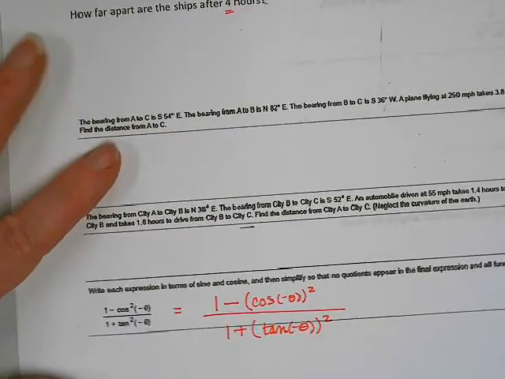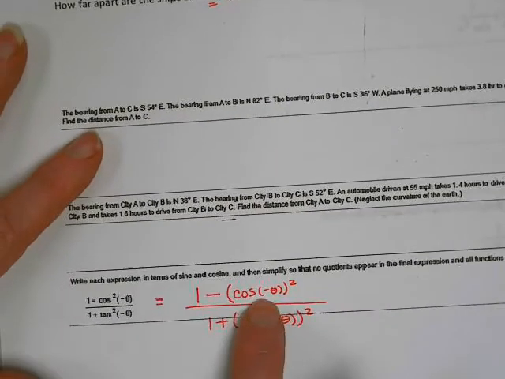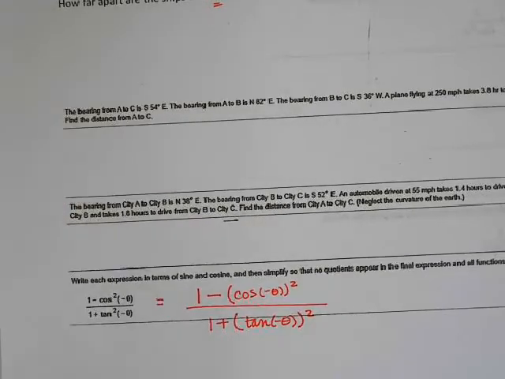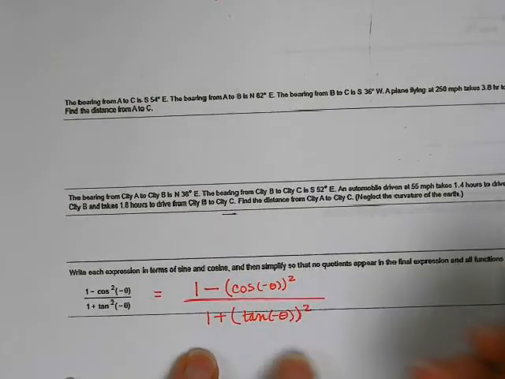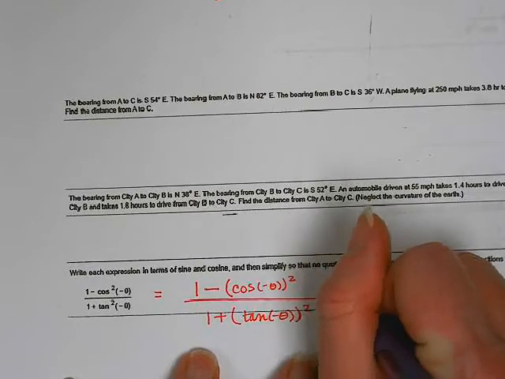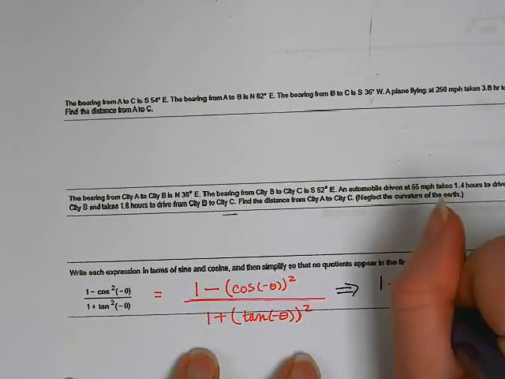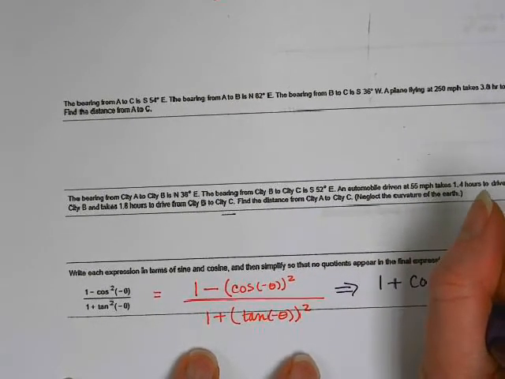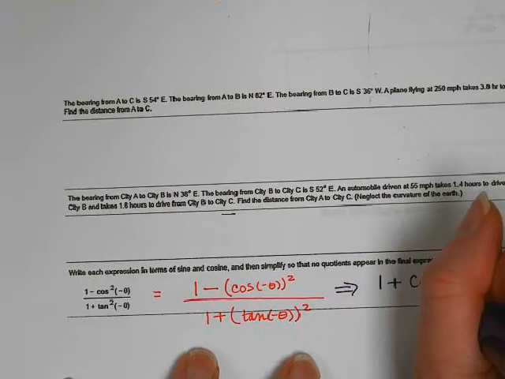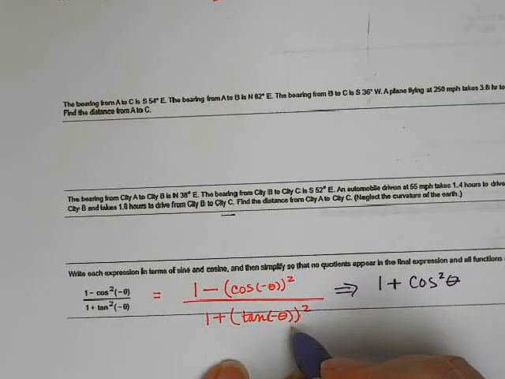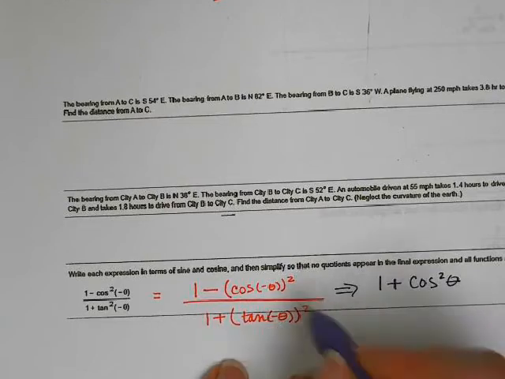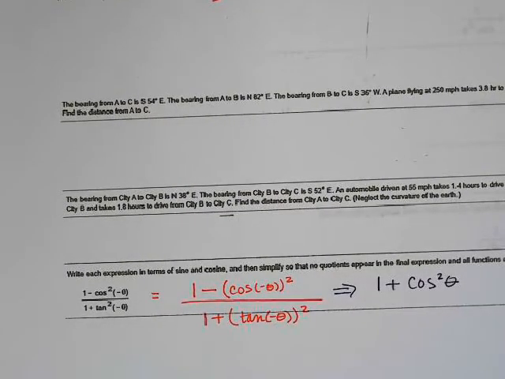Now the reason I'm doing that is it doesn't matter with cosine because cosine is an even identity, and so cosine negative theta equals cosine theta. So the top is just going to be 1 plus cosine theta squared, or cosine squared theta, it doesn't matter. But on bottom it does matter because tangent is an odd identity.